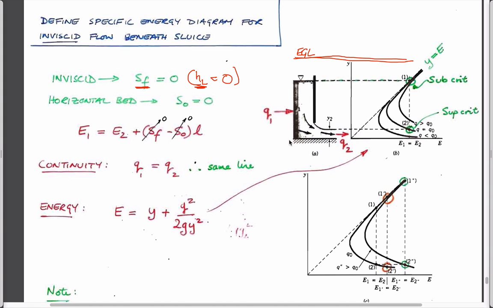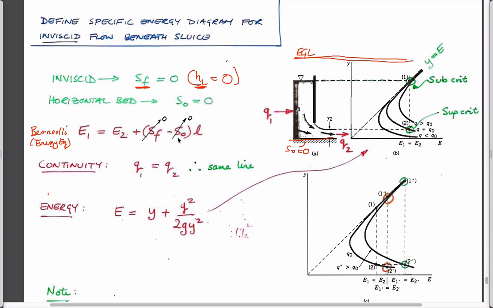If the bed of flow is horizontal, then S0 is equal to 0. And so both of these terms in Bernoulli, actually I say Bernoulli, but it's actually the energy equation, right? It's the 1D energy equation. So it's Bernoulli with the head loss terms added to it.